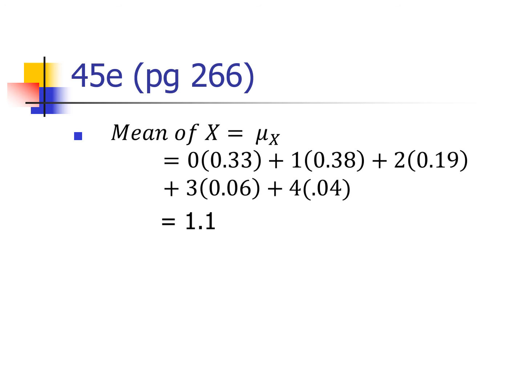Again, 0 times the probability of 0 plus 1 times the probability of 1 plus 2 times the probability of 2 plus 3 times the probability of 3 plus 4 times the probability of 4. Plug all those numbers in, double check my math, and hopefully we should get 1.1. So we would say in any given year, we would expect 1.1 days to be in violation of whatever these pollution standards are.